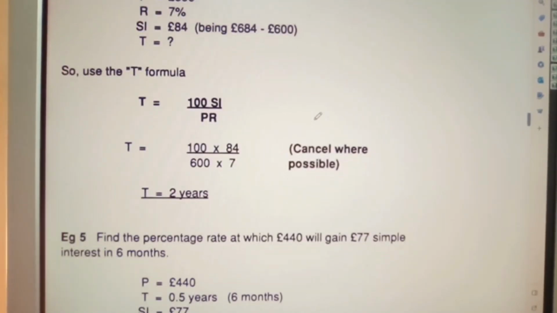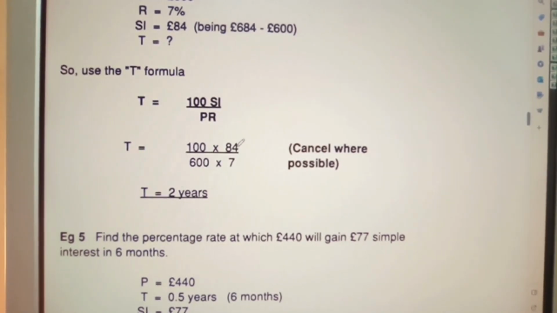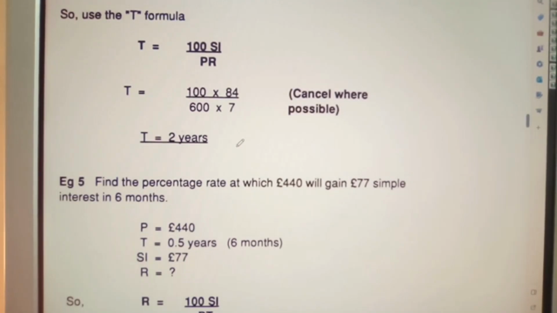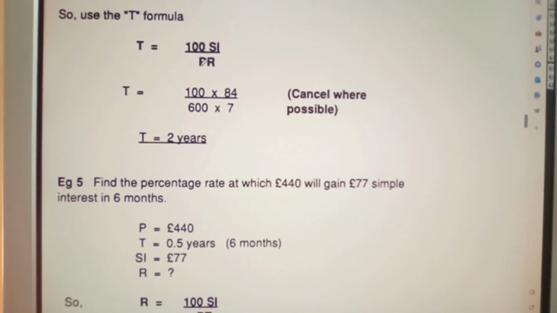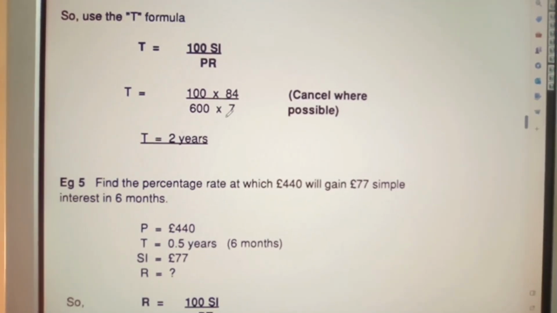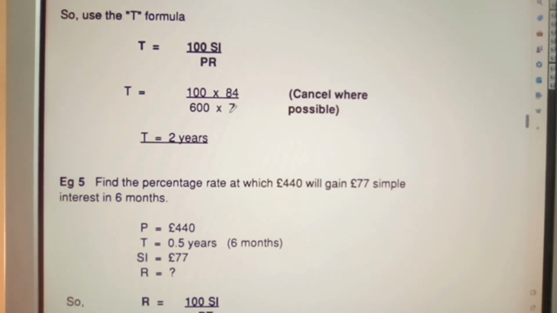So here you are now transposing for t. We have 100 times simple interest. We know the simple interest is 84, times P times R. Multiply this out.